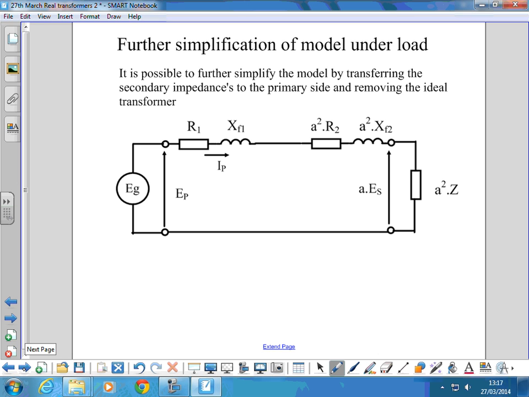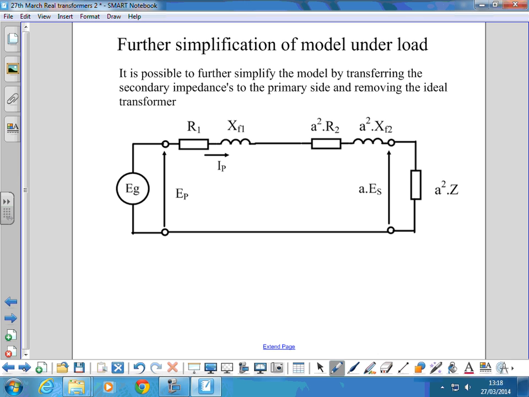We can further simplify that loaded model by shifting or transferring the secondary impedances to the primary side. So as we've done before, we transfer the load impedance over by multiplying it by the transformer ratio squared.